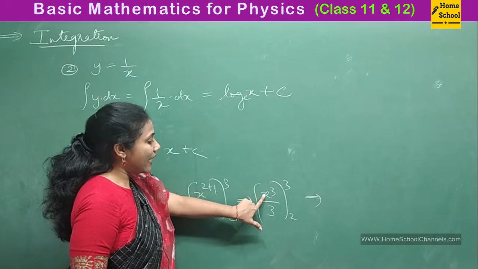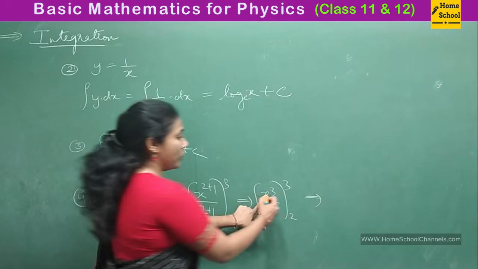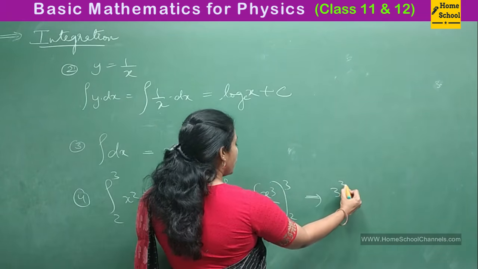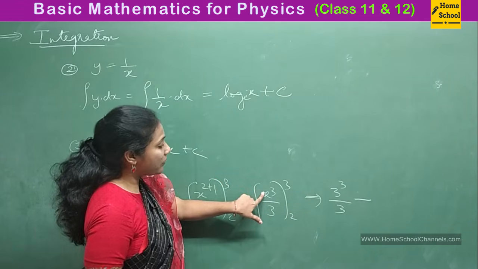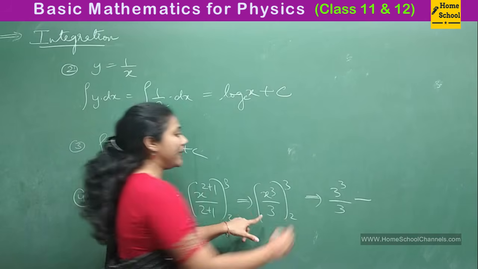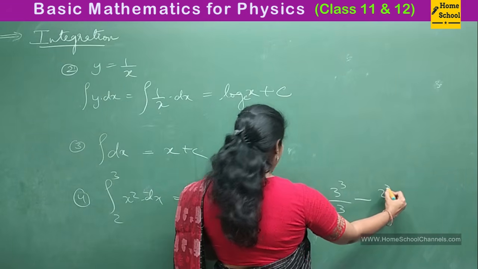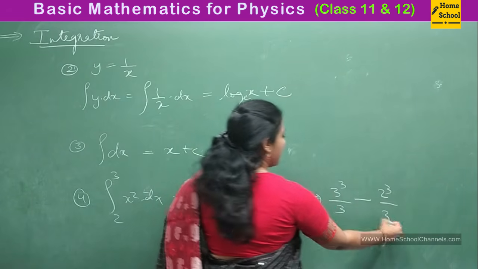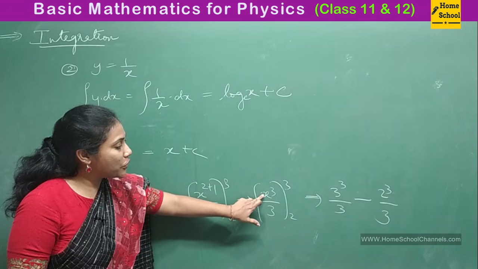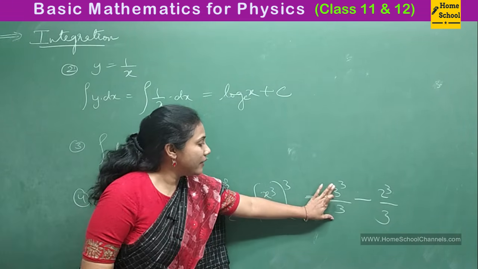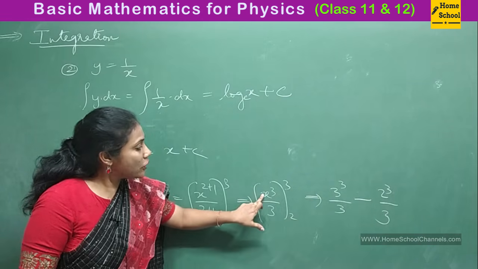In the place of x substitute 3, so 3 cube divided by 3, minus, in the place of x substitute the lower limit, that is 2 cube divided by 3. That's it. What we have done: substitute the upper limit in the place of x, minus substitute the lower limit in the place of x.